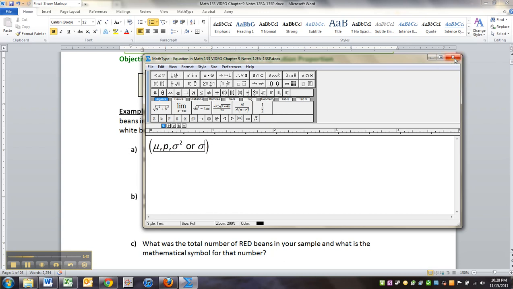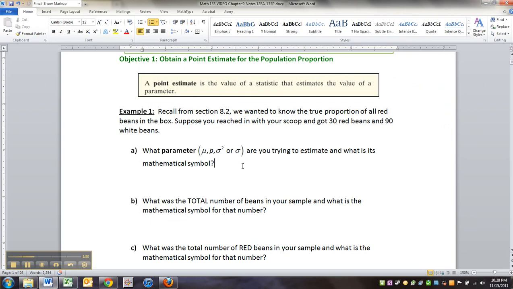So of those four, which one is the one we're trying to estimate, and what is its symbol? Well, since we're trying to estimate a proportion, it's p. That's the parameter we want. Let me just write out what it is. It'd be the proportion of red beads, or beans, whichever, in the box.